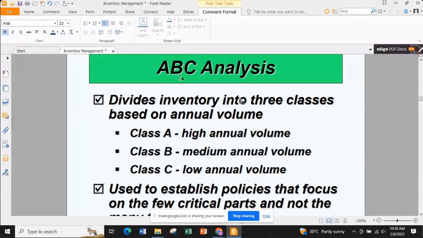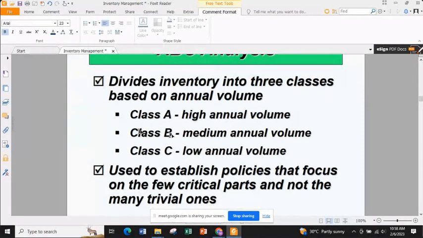So divide inventory into three classes based on annual volume. The high annual volume, you categorize as class A, then class B is medium annual volume, and class C is low annual volume.